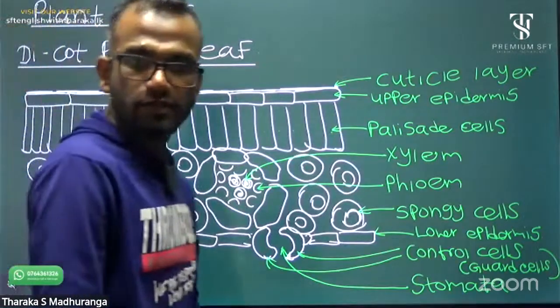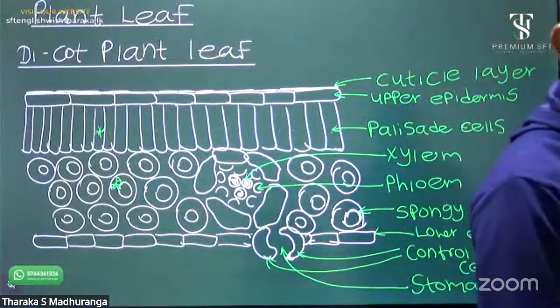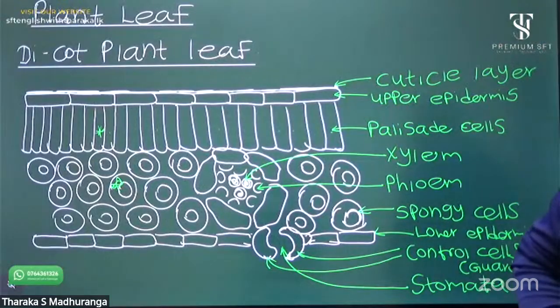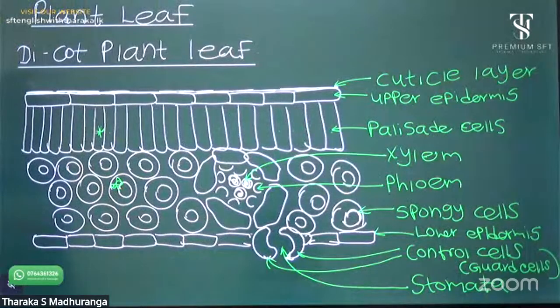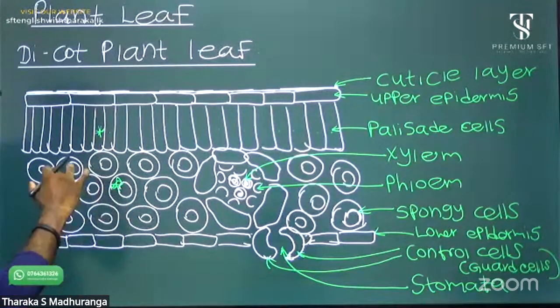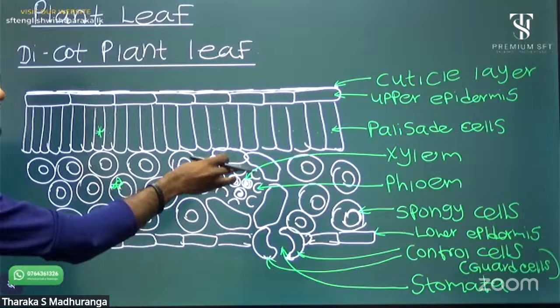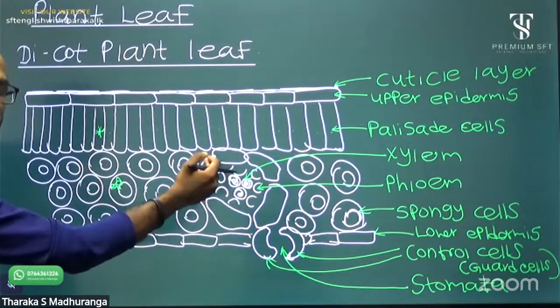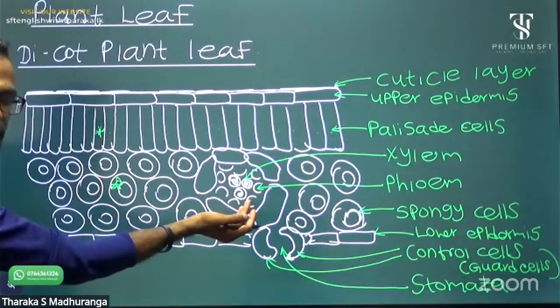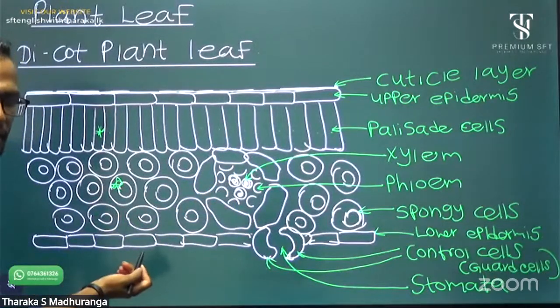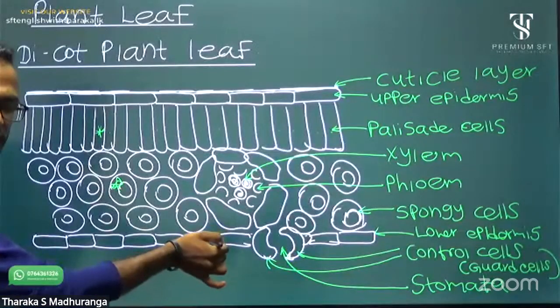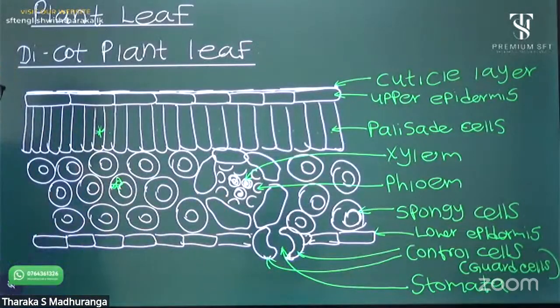Okay, I got these leaf parts. First, you can remember like this: the cuticle layer above, then the upper epidermis, then palisade cells, spongy cells, and this is xylem and phloem. Always phloem on the outer side, xylem inside the phloem, and then the lower epidermis, and guard cells and stomata.